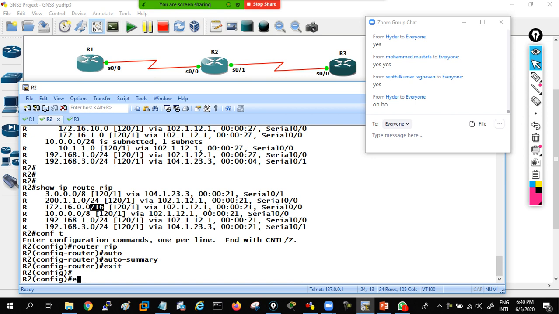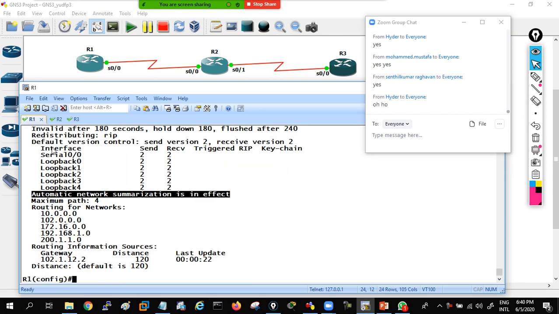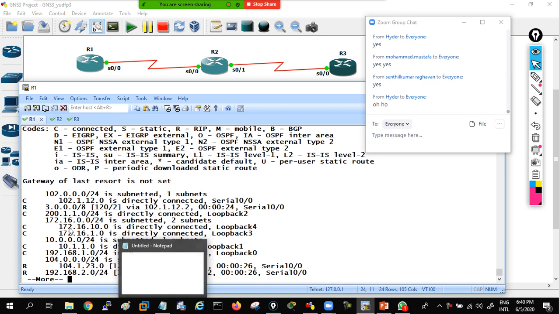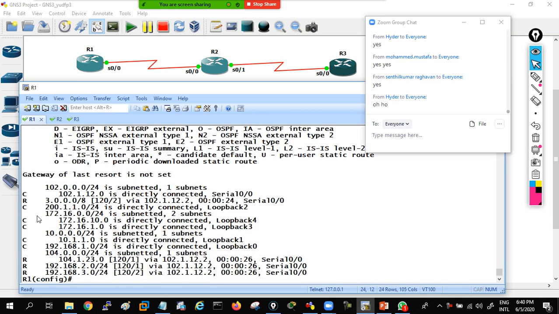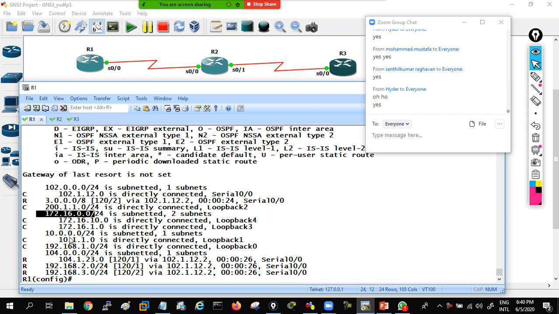In router 1, whenever you type do show ip route, already 172.16.0.0 network is there. It's already connected, right, guys? Guys, everybody is following, right? Say yes or no. Everybody is okay or not? Yeah, don't get confused. That's what I'm saying.